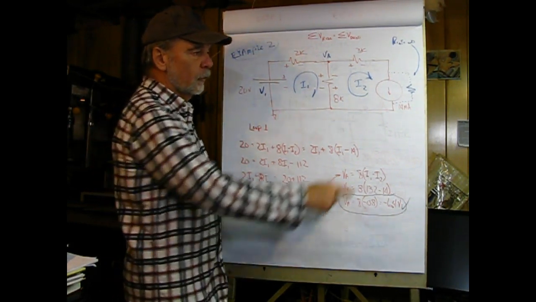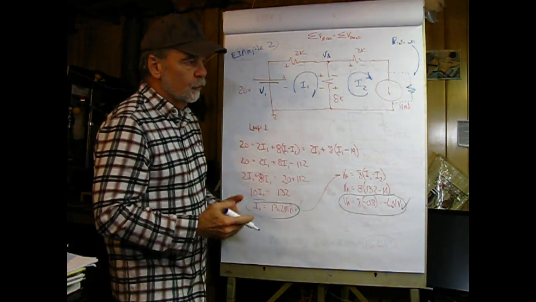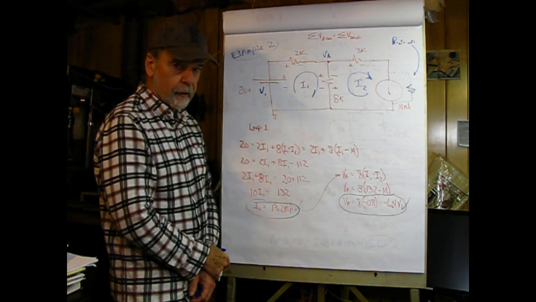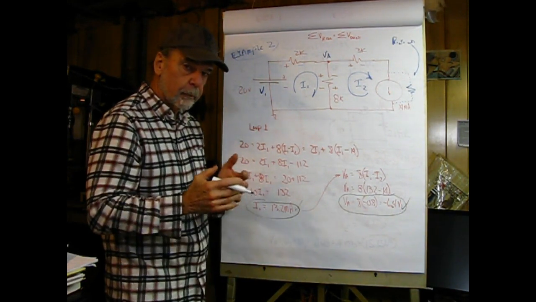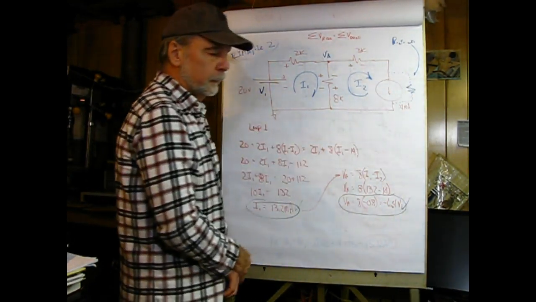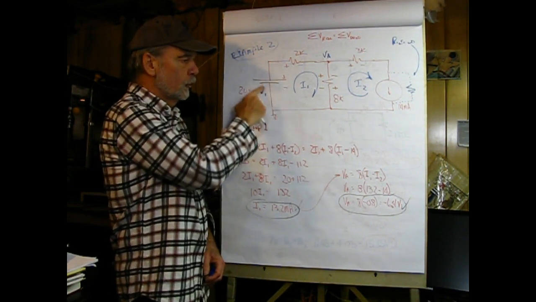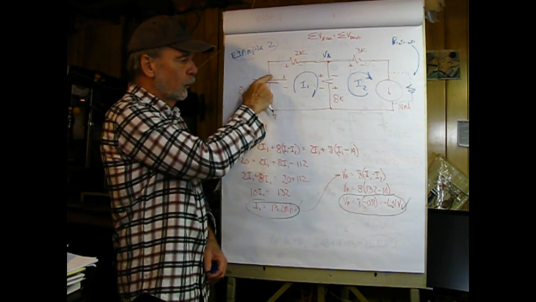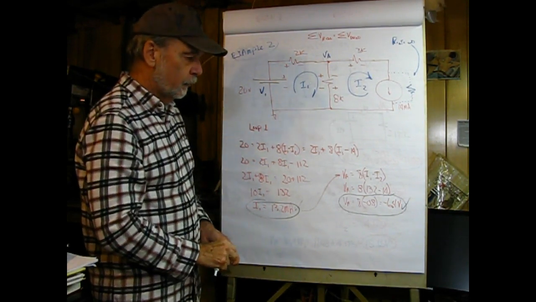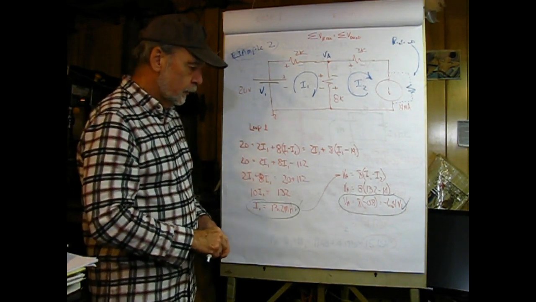Now, when you see a current source all by itself in series with a resistor here, what you assume is that the internal resistance of that current source is infinite. So in other words, it's a perfect current source, and instead of drawing this, you just assume that that's what it is. Likewise, the internal resistance of a voltage source here, if I were to look actually at the source, would be 0 ohms. And that'll be very important when we get into the superposition method of solving these.